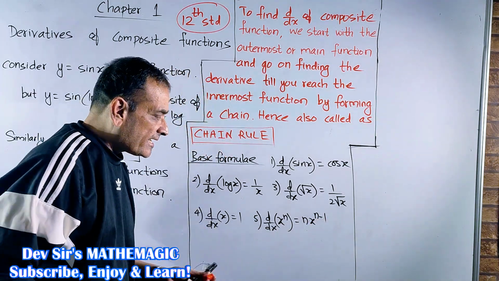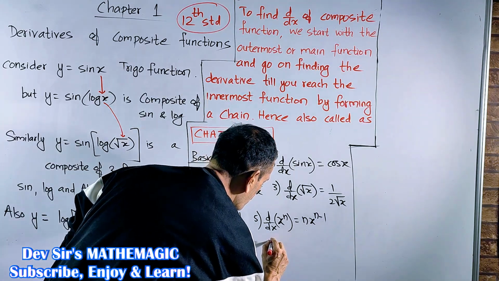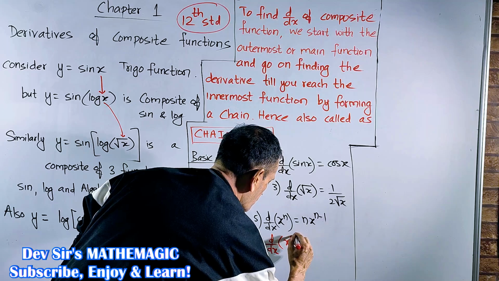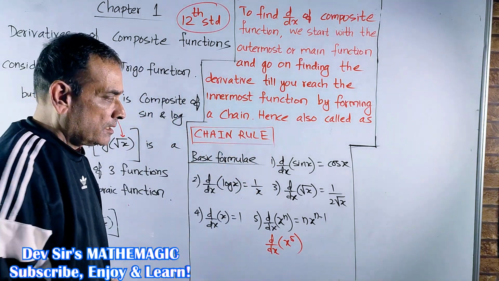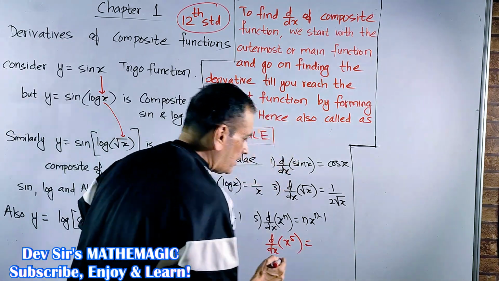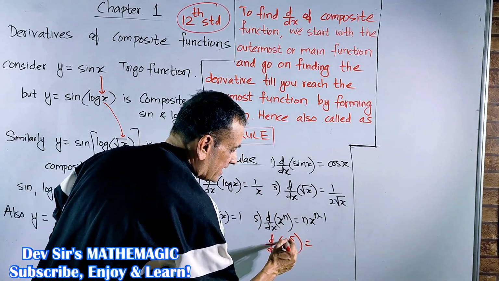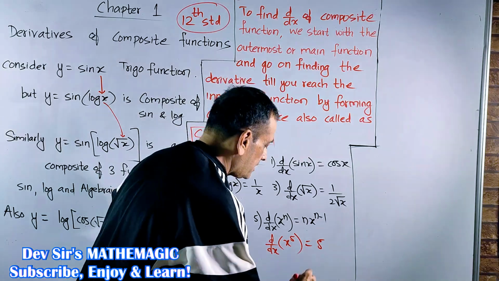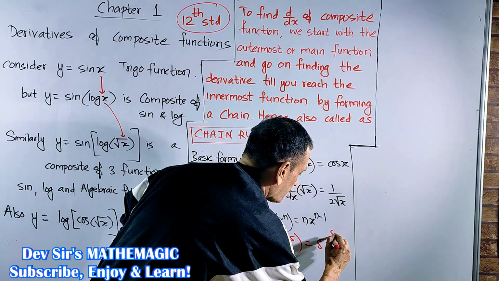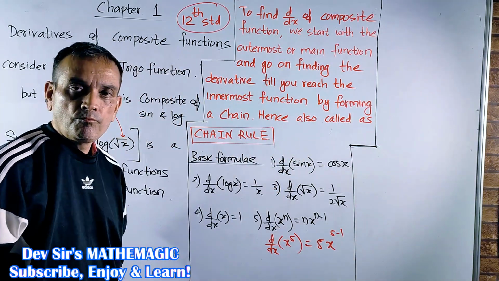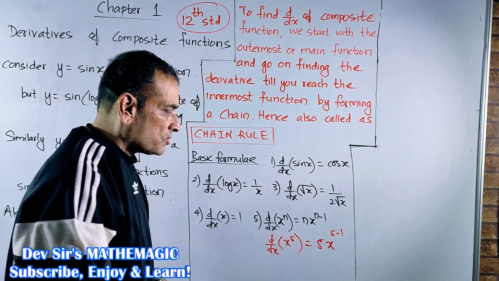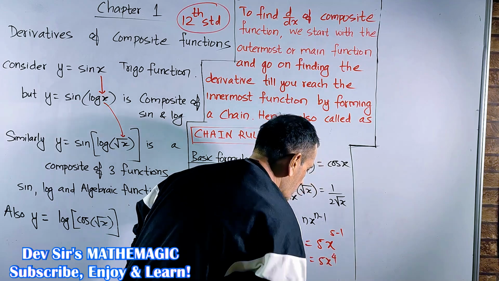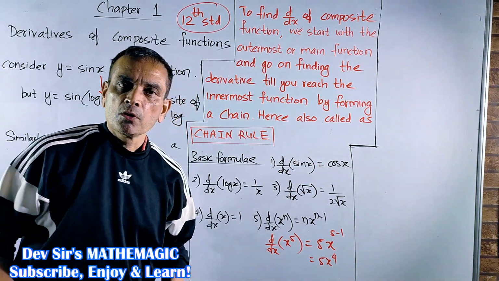यानी इसका क्या मीनिंग है? Supposing if you get x raised to 5, so n comes in front, यहाँ पे 5 comes in front, x raised to 5 minus 1. Okay, so 5 minus 1 is 4. 5x raised to 4.